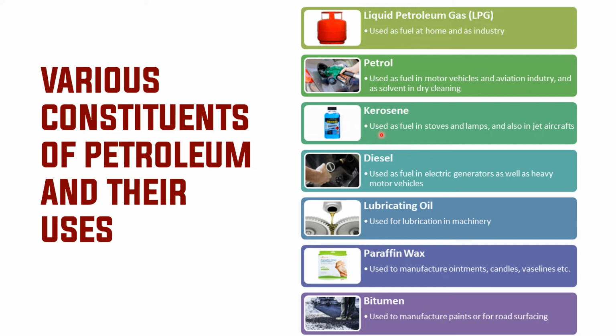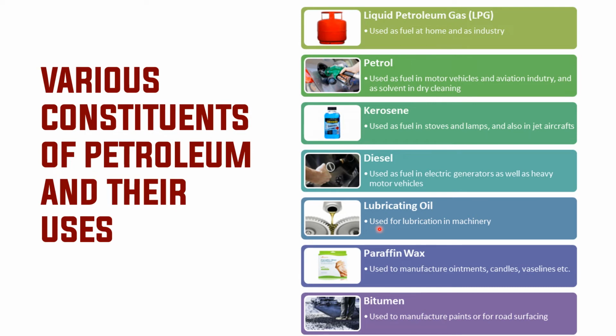Next is kerosene, used as fuel in stoves and lamps and also in jet aircrafts. Next is diesel, used as fuel in electric generators as well as heavy motor vehicles like lorries, trucks, buses, etc. Next is lubricating oil. You know the purpose of lubricating oil, you studied in physics, for avoiding friction.